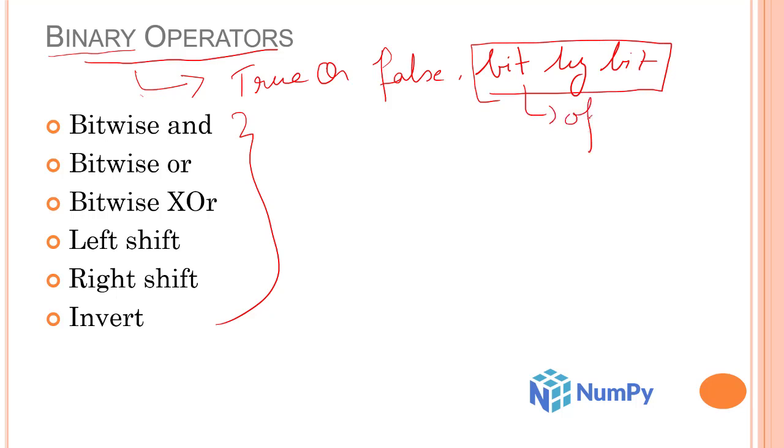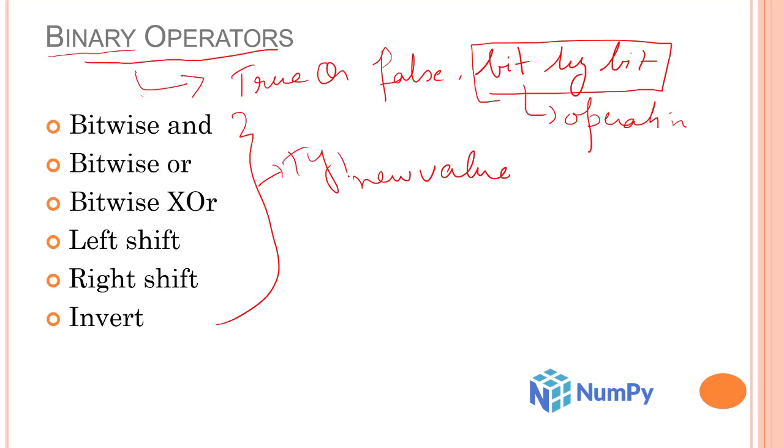This is nothing but your binary operation. A binary operation is a rule for combining two values to create a new value. So whenever we use a binary operation, we combine two values and create a new value.